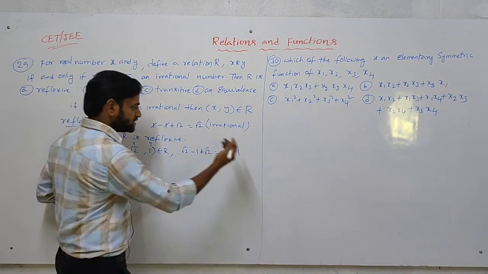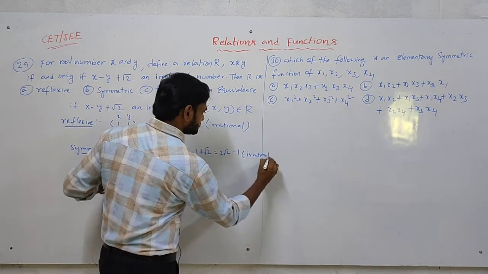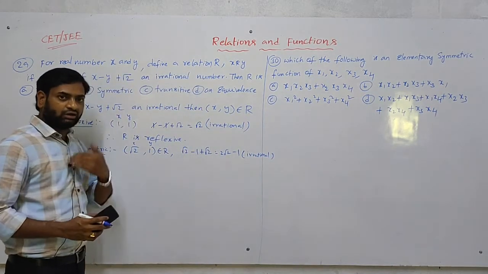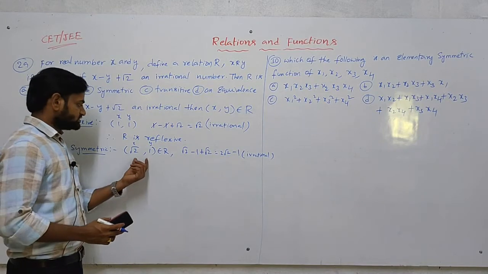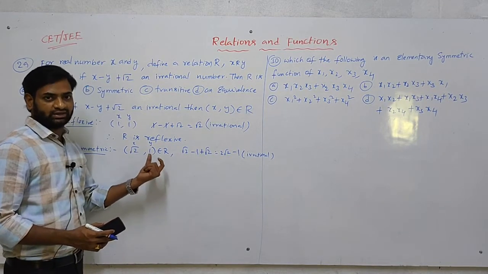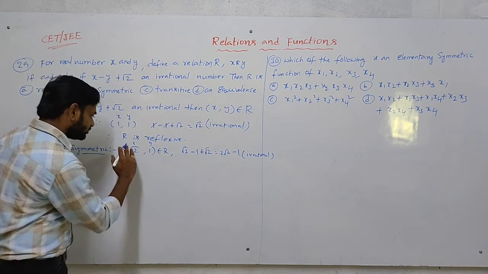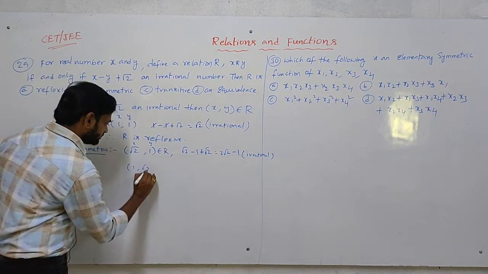So 2 root 2 minus 1 is irrational. It is clear. Now I have to check the reverse. This is A comma B I took, now I have to check B comma A, that is 1 comma root 2.